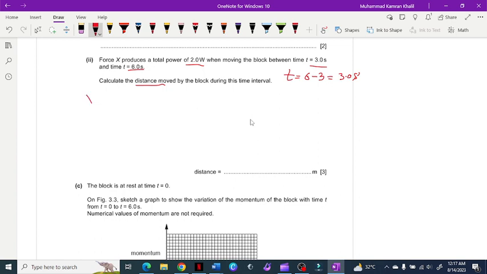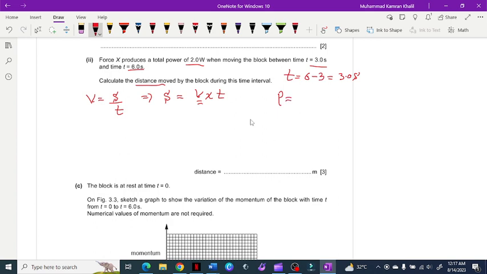Now we know that velocity is equal to distance divided by time, so distance is equal to velocity into time. Now we do not have velocity right now. So in order to calculate the velocity, we will apply a formula.